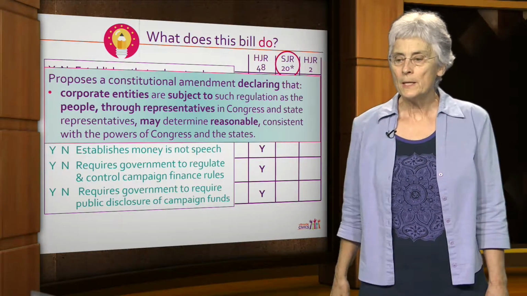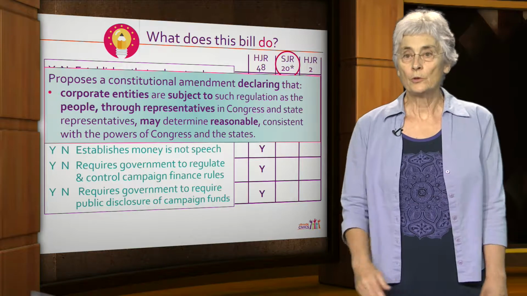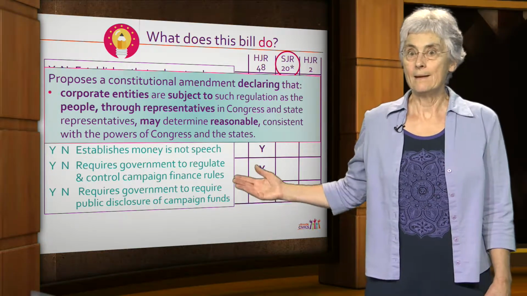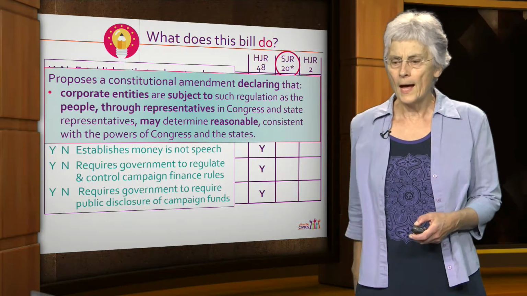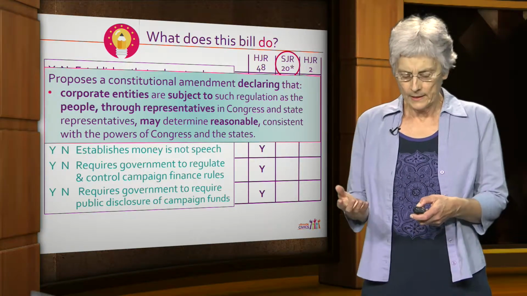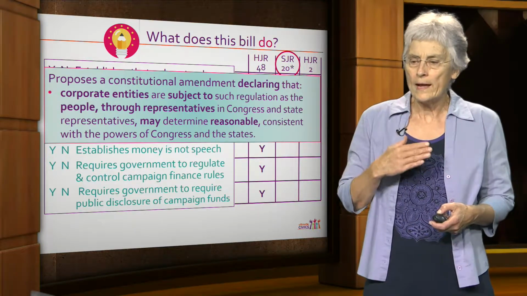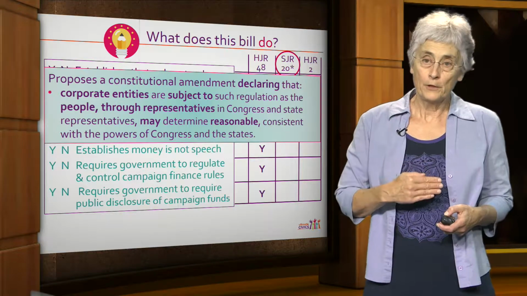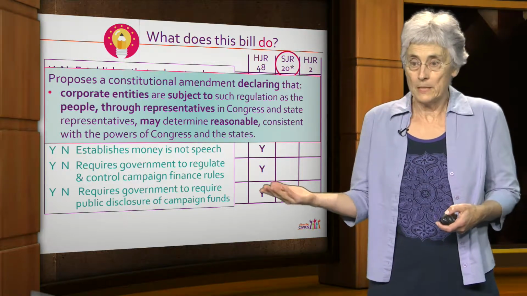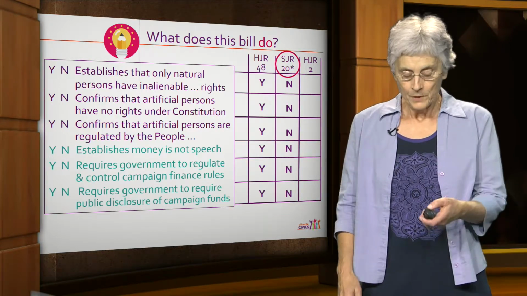It's not a requirement, and reasonable is a totally subjective word. What is reasonable to one person is totally not reasonable to somebody else. So this really does nothing positive for campaign finance reform in the way of taking away constitutional rights of artificial entities to First Amendment. So no, straight down the line.